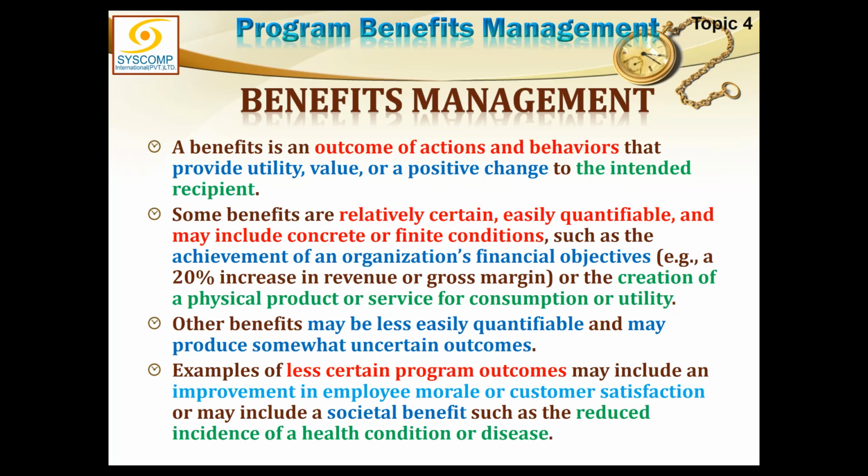But still, as I said before, no matter how uncertain the condition is, as a program manager, it is your responsibility to make it as measurable and quantifiable as possible. If happiness and morale cannot be measured, you can say, let us define a metric for morale or happiness.